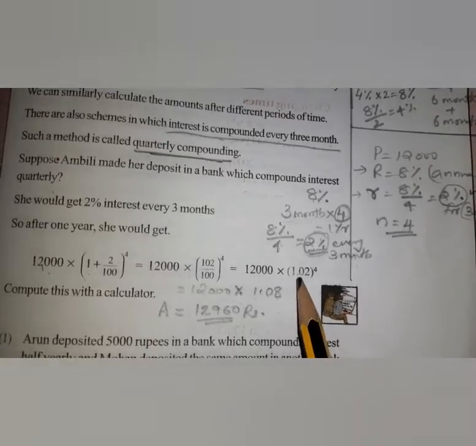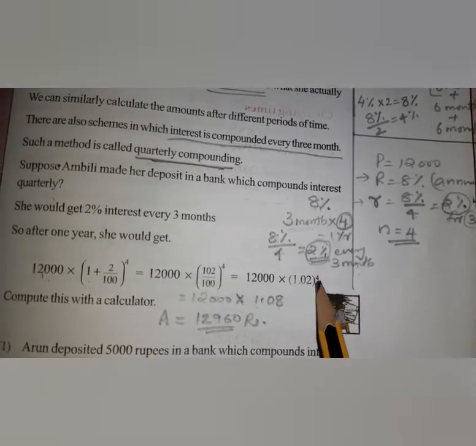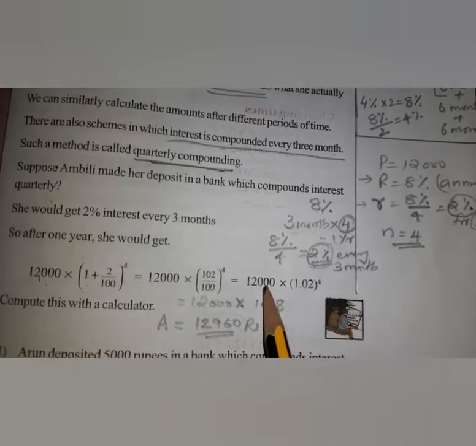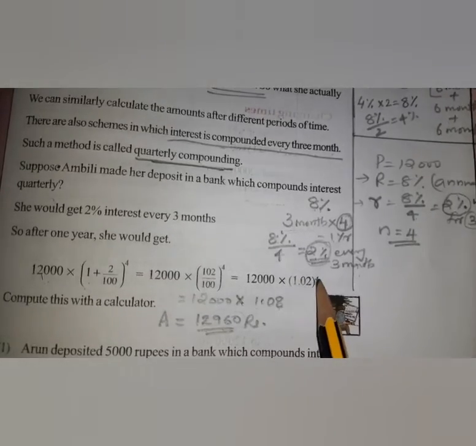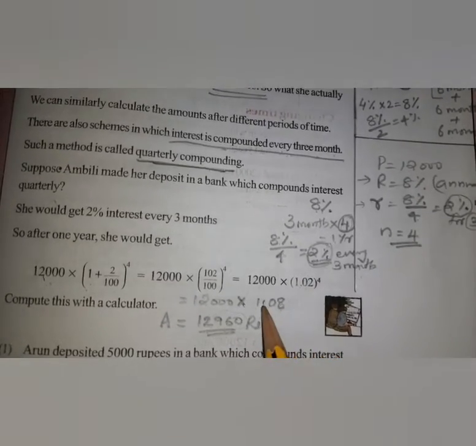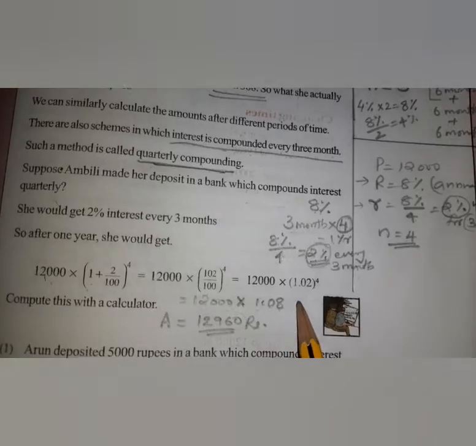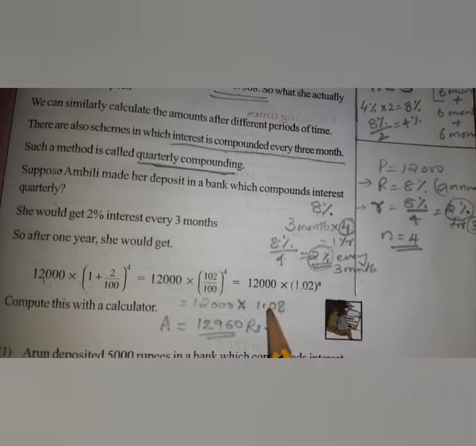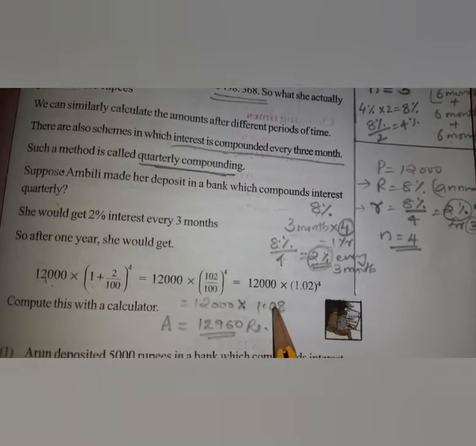If you multiply 1.02 four times, you get 1.08 and some more figures. We leave those and take only 1.08. So 1.08 into 12,000, you get 12,960 rupees.